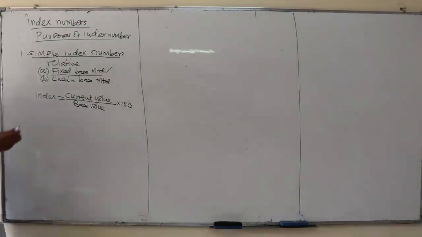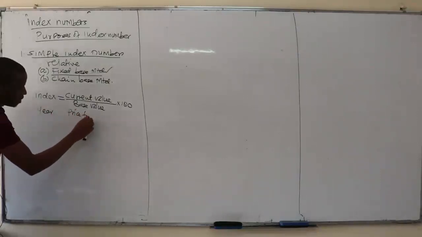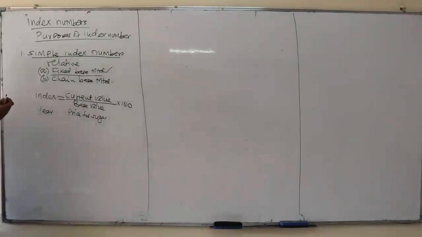So in this case, I will have the year and the price for sugar. Now, let's assume year 2020, and we want to know how the other years come.